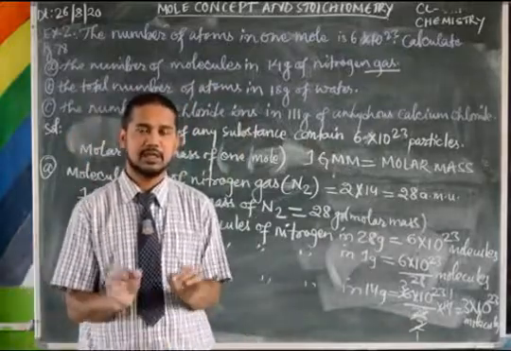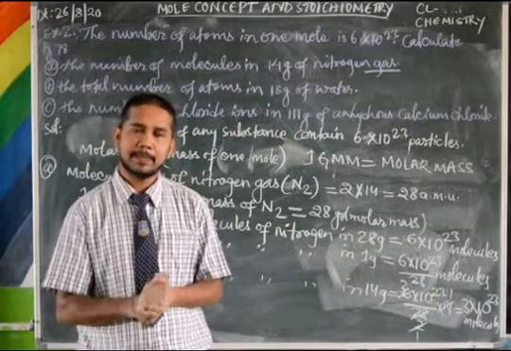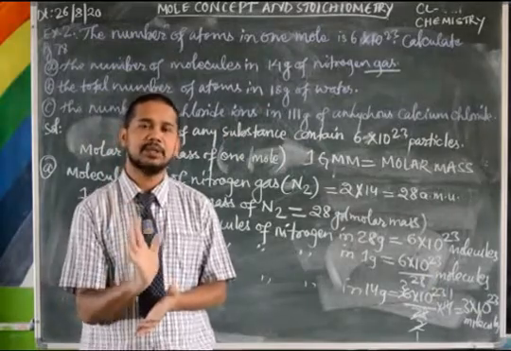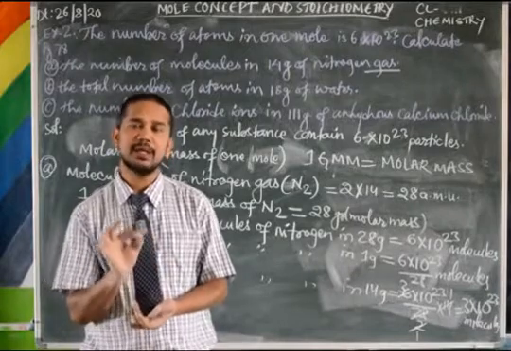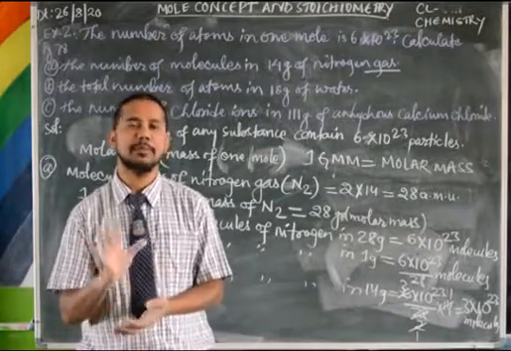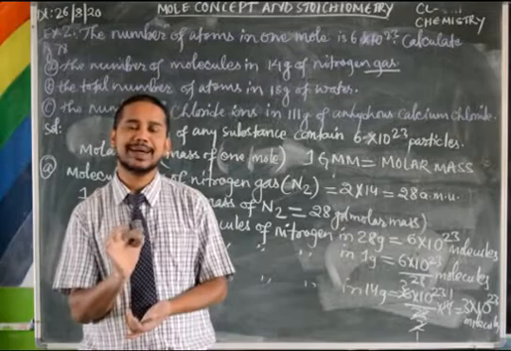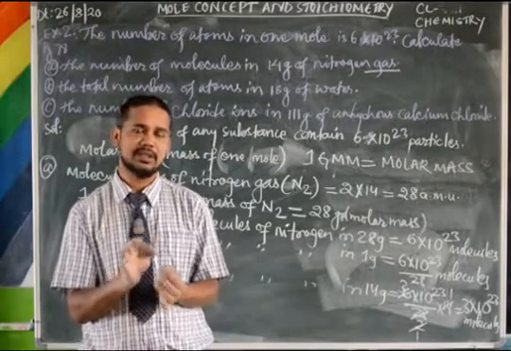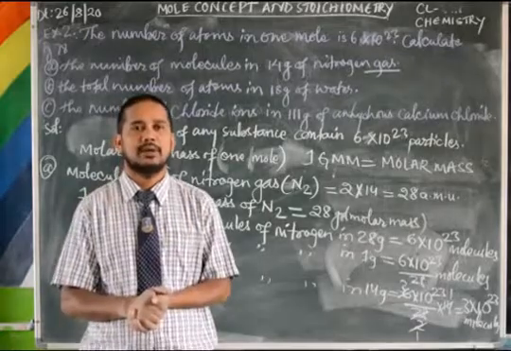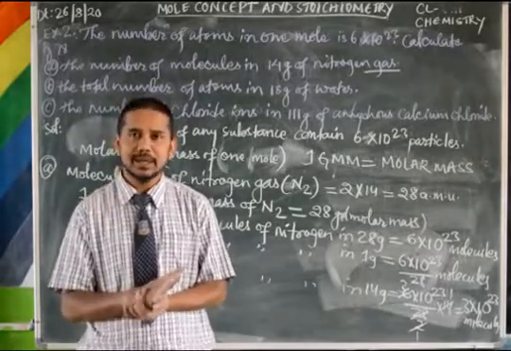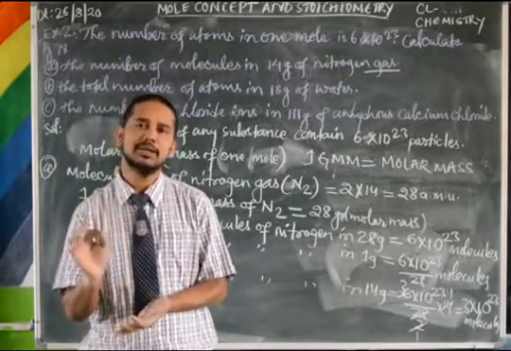Got it? Let me tell you again. Relative atomic mass is mass of an atom. Relative molecular mass is mass of a molecule. And gram molecular mass is molecular mass expressed in gram. And molar mass is equal to gram molecular mass.